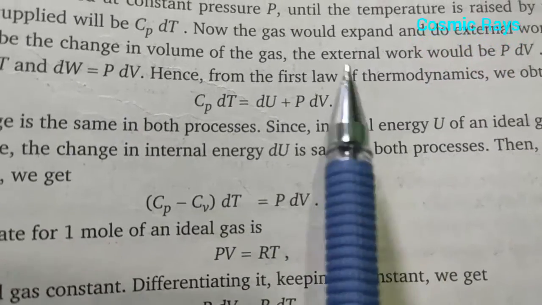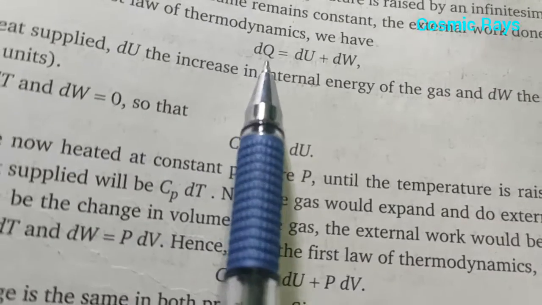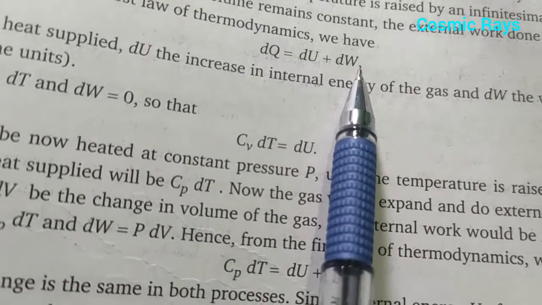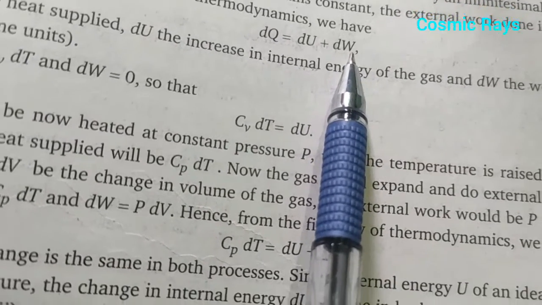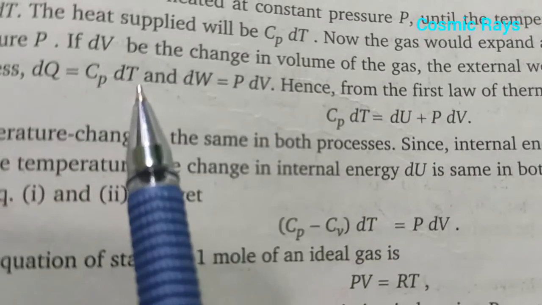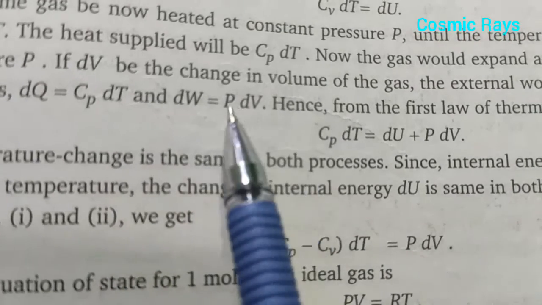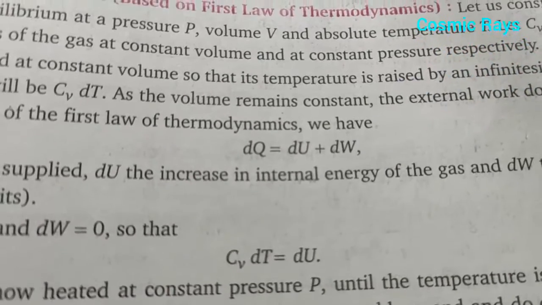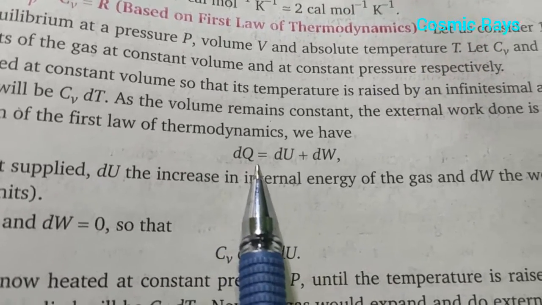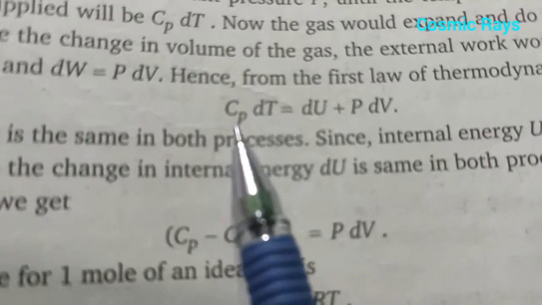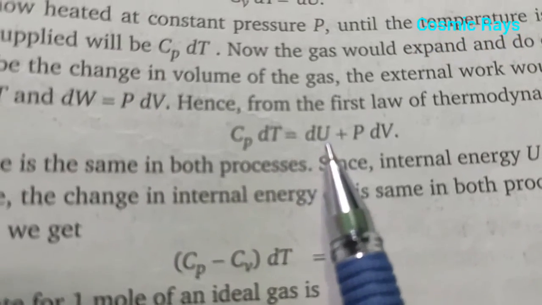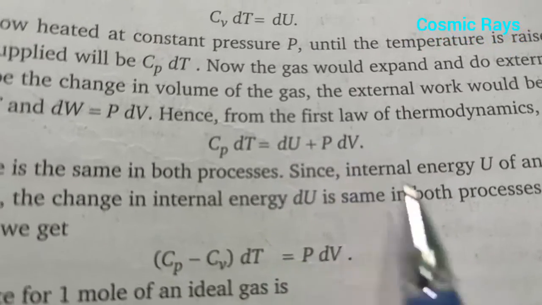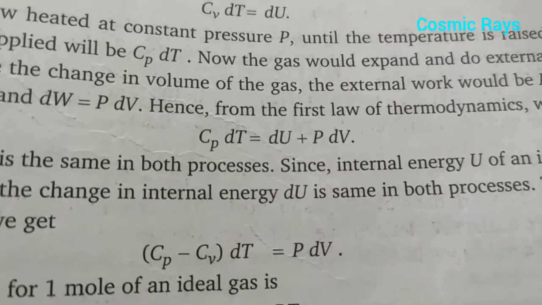Now here again we take the equation dq equal to du plus dw. So when we heat it at constant pressure, dq is Cp dt and dw is P dV. So in this equation, the first law of thermodynamics, instead of dq we write Cp dt, equal to du, which remains as it is, and in place of dw we write P dV.